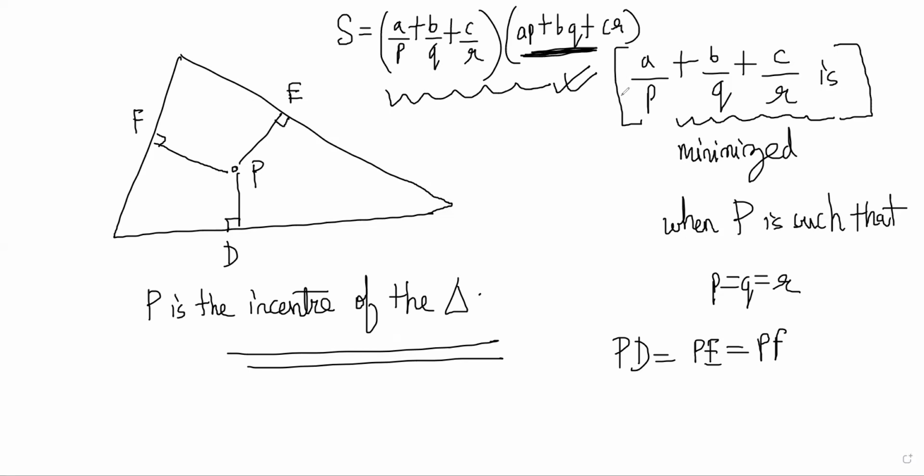So I hope you have understood something here. The geometrical inequality was solved by taking into account AM-GM inequality and also noting that the area of this triangle is fixed, therefore this quantity is fixed. So you are taking advantage of the symmetry of the expression by multiplying it with AP plus BQ plus CR. So hopefully you will find this interesting.